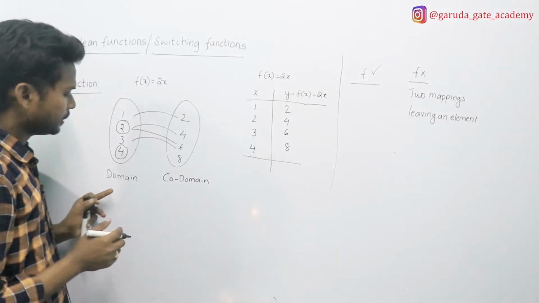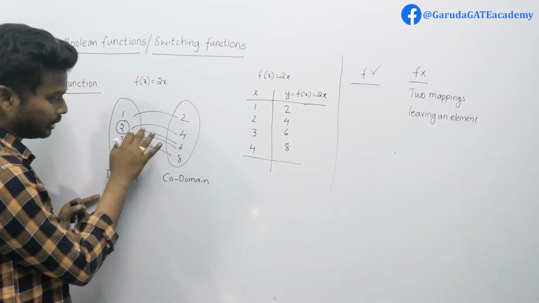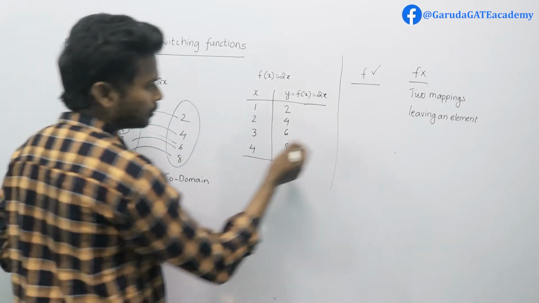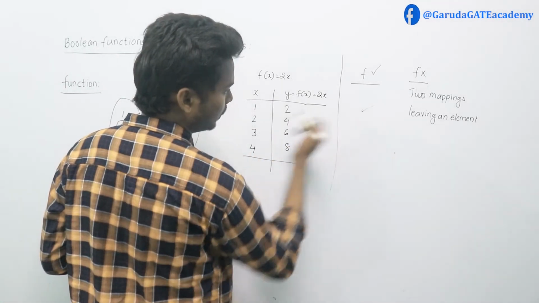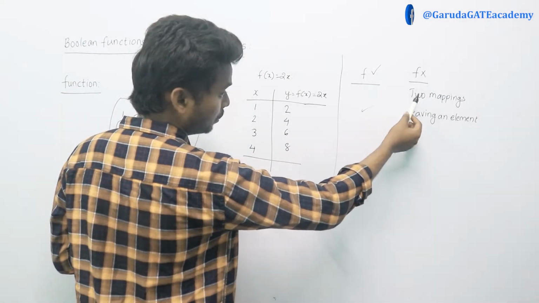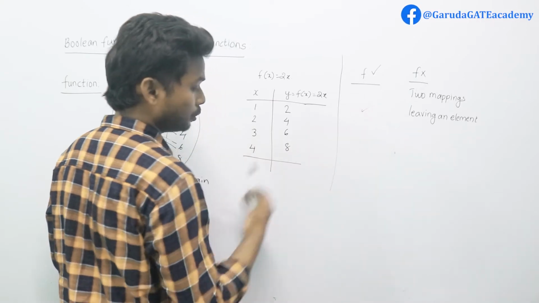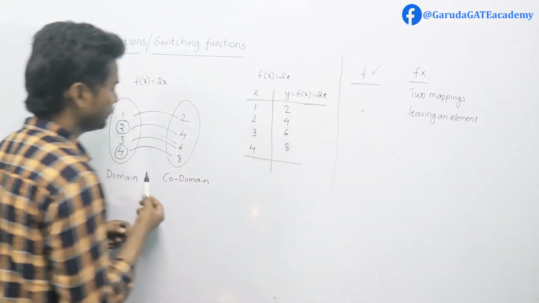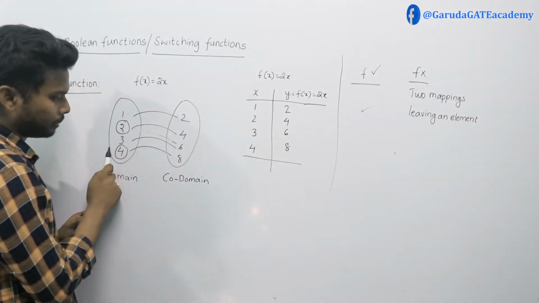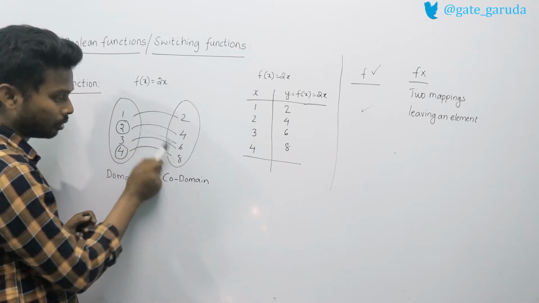Then what will be a function? All the elements should be mapped only once. The opposite of this will be a function. So what is the opposite? No element in the domain part shall be having two mappings, or three mappings, or four mappings.